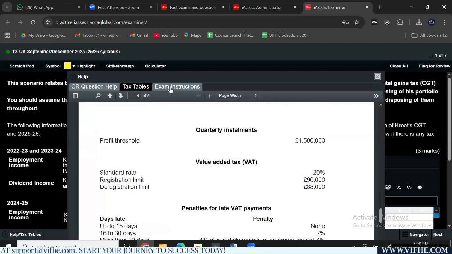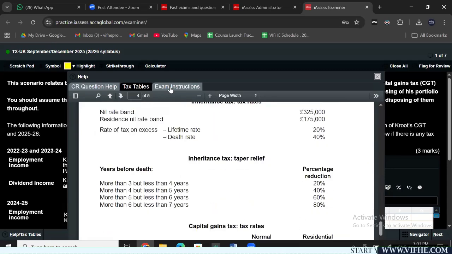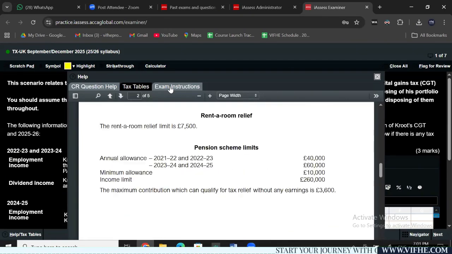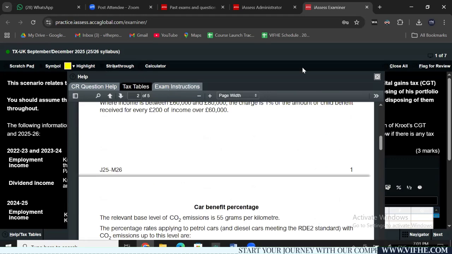So be very careful, as not each and everything related to the syllabus will be provided to you in your exam as a part of the tax table, but still you'll be given information related to some important things, and that is going to be useful as well.